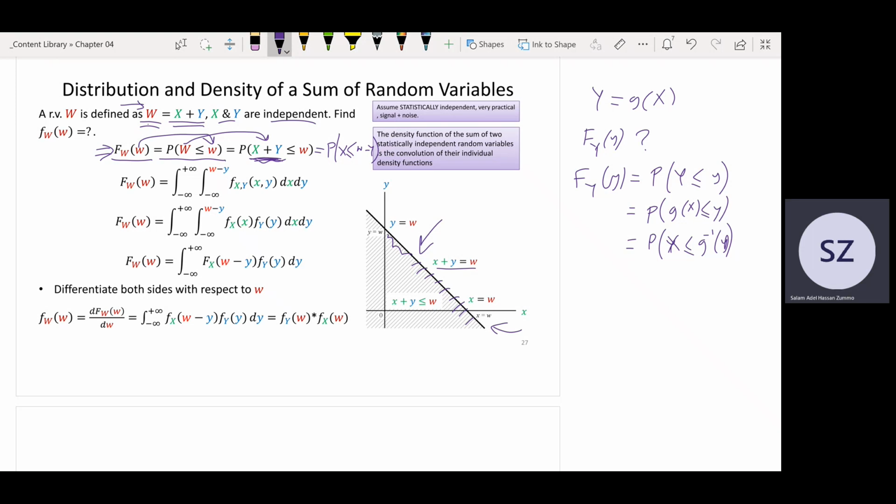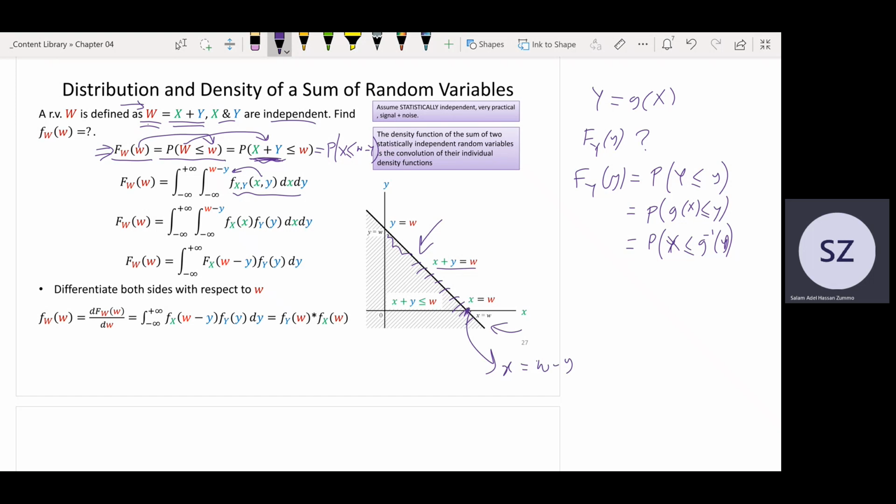This is the integral of the joint PDF. But what is the region of integration? It's x plus y less than or equal to w. So with respect to x, for example, you can have the integral from minus infinity up to this point. But what is this point? x equals w minus y, right?